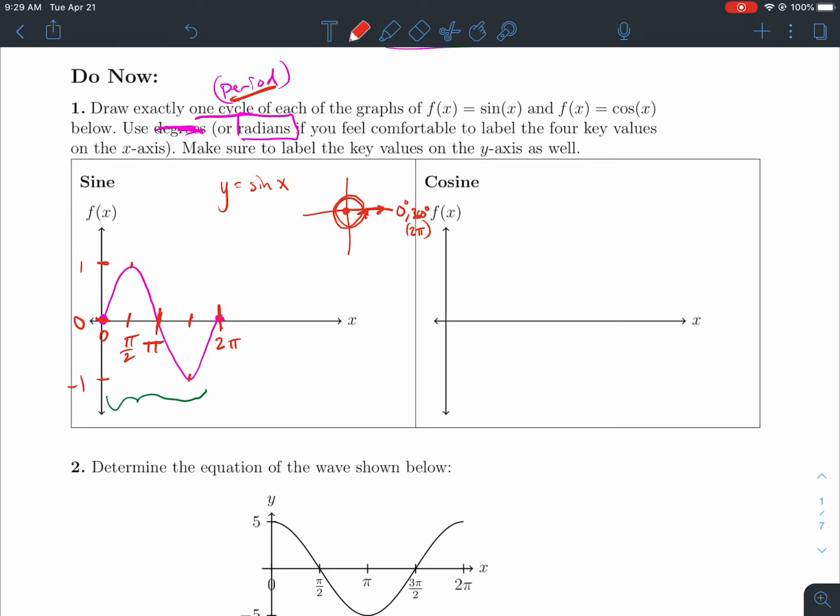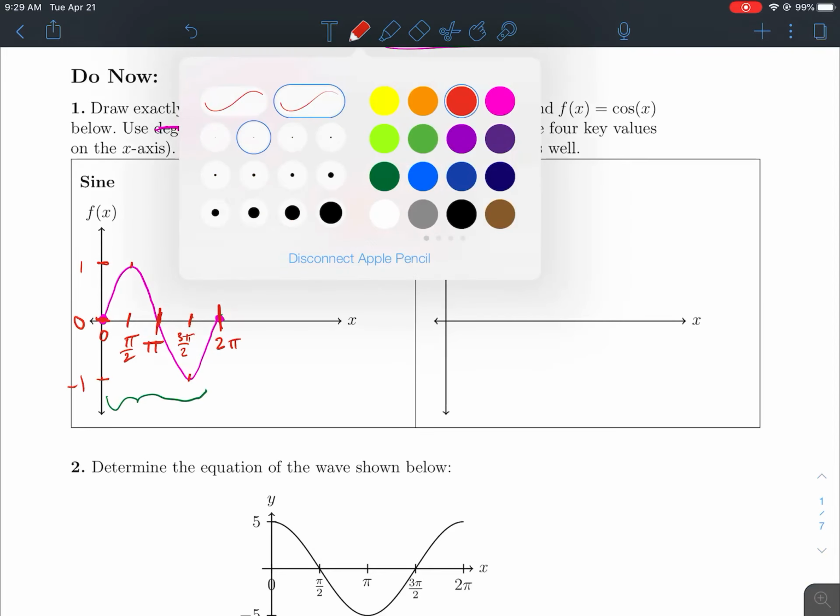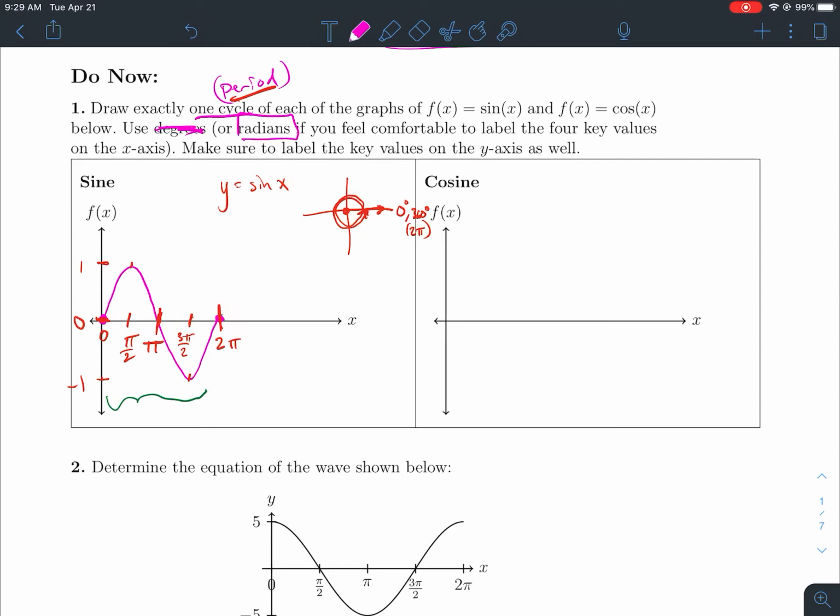And then if we count them, 1, 2, 3, this will be 3 pi over 2. So we've got our graph of sine. It's really important that we continue to draw these each lesson because they are our reference point for the entire part of trig waves.